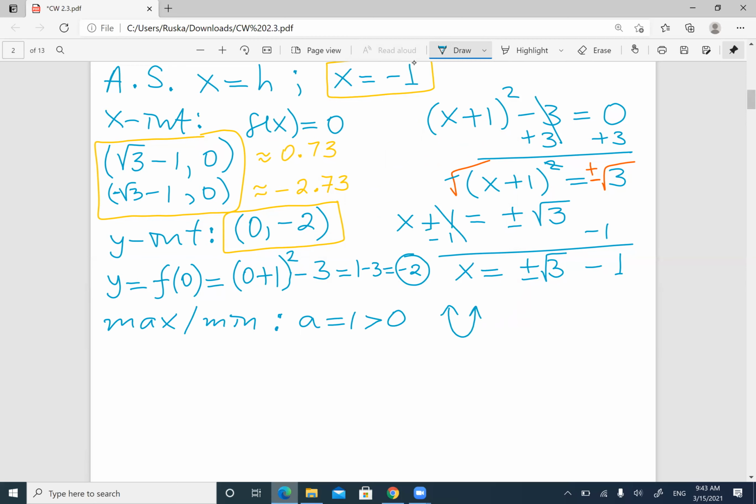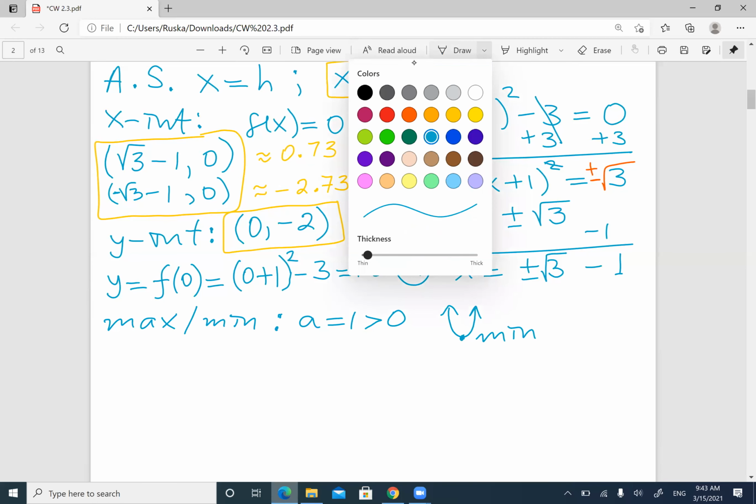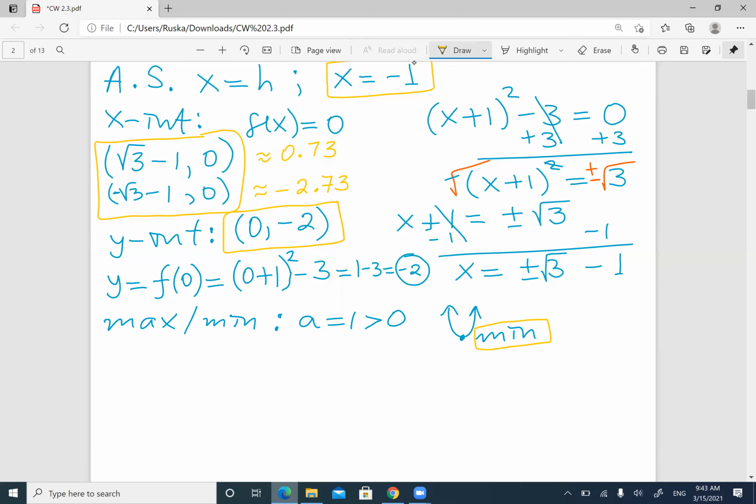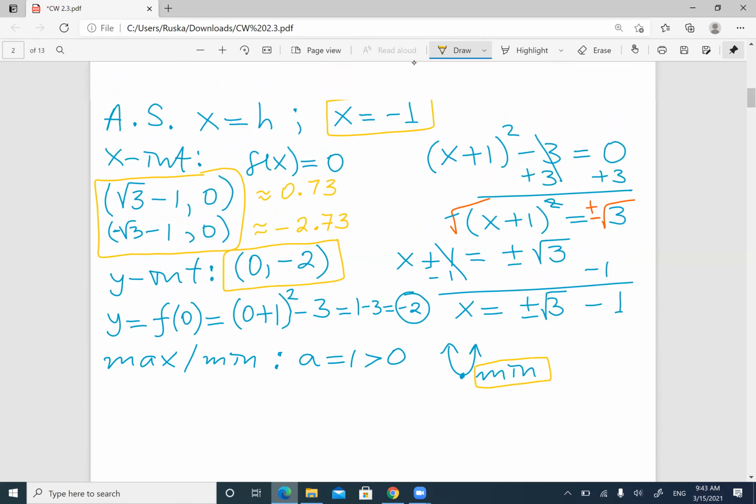And then the vertex point down here is going to be a minimum point, right? So that's all you need to analyze. You have to see how the parabola opens, up or down, depending on A. And then you can graph to see how it's going to look. And the vertex is going to be the lowest or the highest point, depending on what you have. So in this case, my vertex is going to be the minimum point.